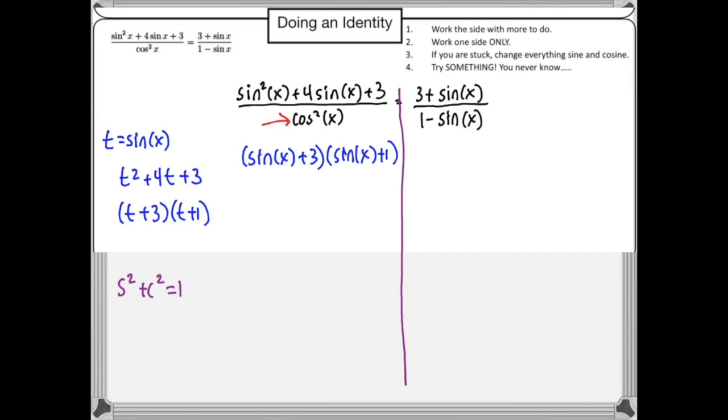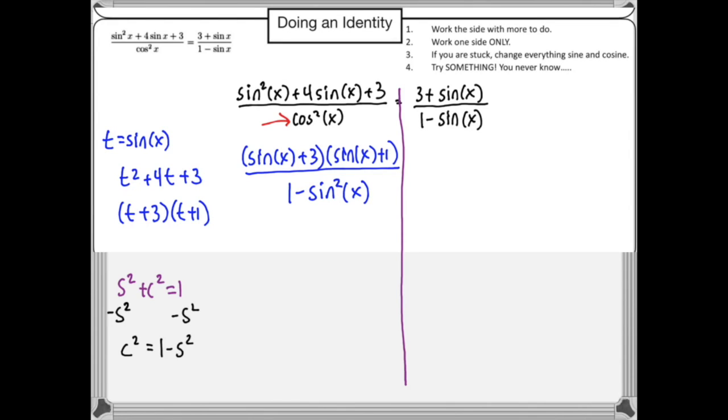If I want cosine squared all by itself, I subtract sine squared from each side, and that gives me cosine squared equals 1 minus sine squared. So I'm going to put that in the bottom there, 1 minus sine squared x, and it looks like we've made some headway here.